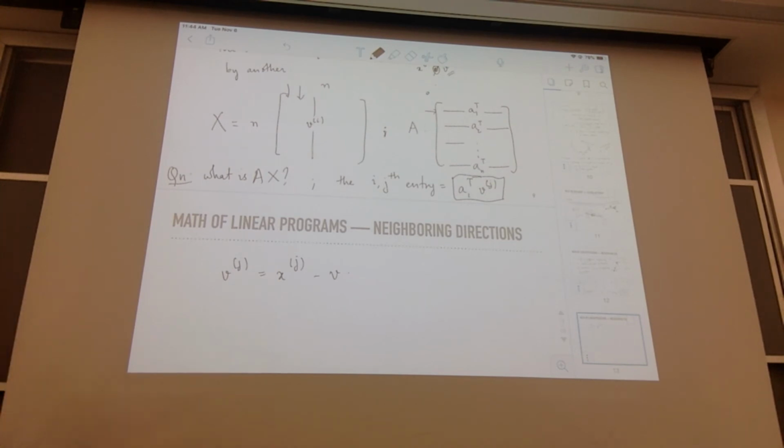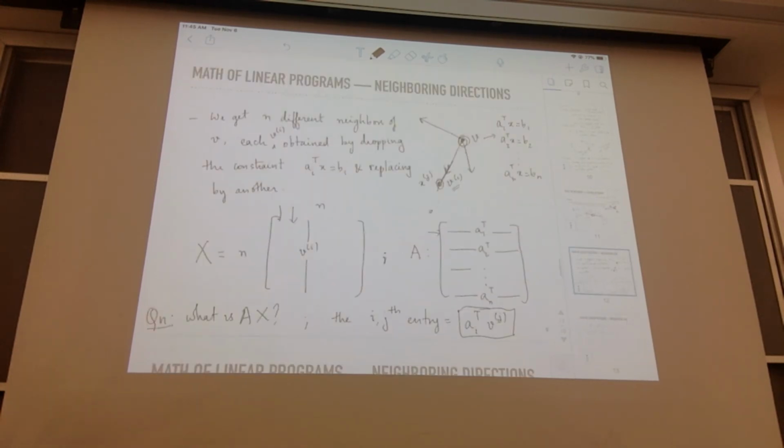Now I'm asking, what is Ai transpose times Vj, which is Ai transpose times (xj minus v)? What is Ai transpose v? Remember, we satisfied all these constraints.